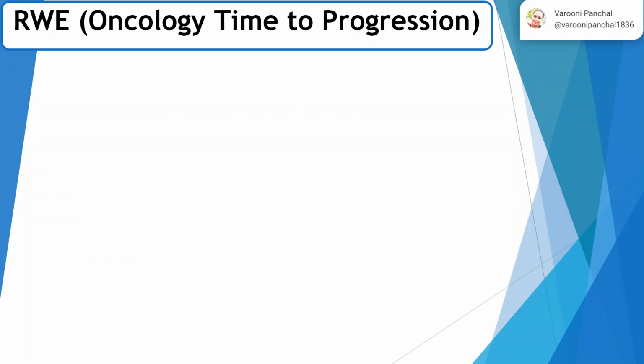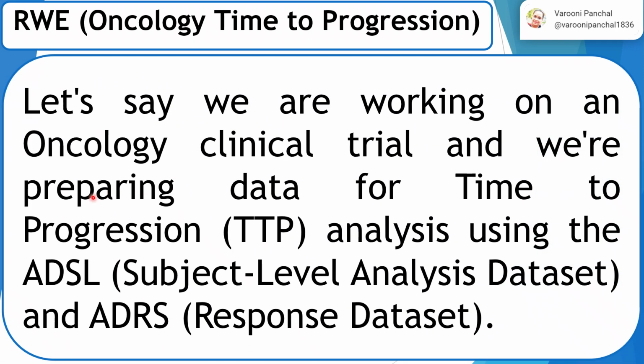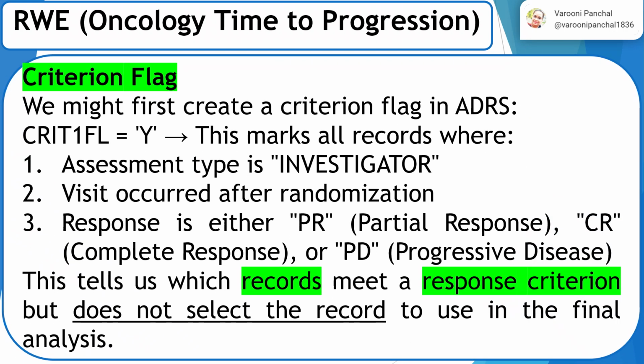Real world scenario: oncology time to progression. Let's say we are working on an oncology clinical trial and we are preparing data for time to progression. This is my parameter. The analysis uses ADSL, which is the subject level analysis data set, and ADRS, the response data set. Now, for the criterion flag, say we first create a criterion flag in ADRS.